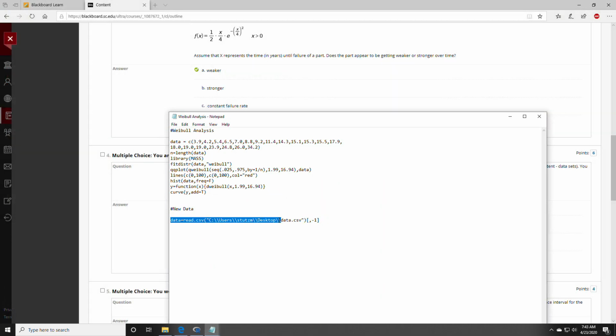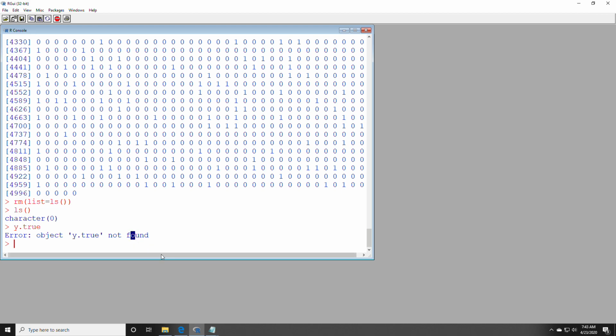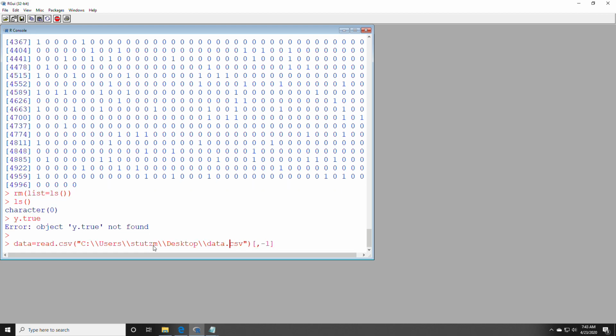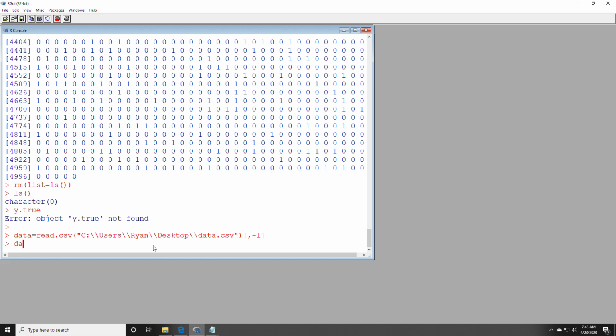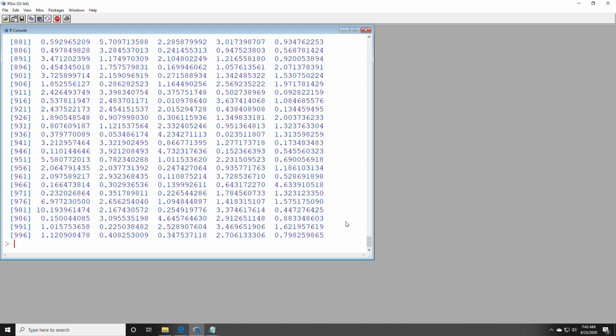So of course, the Weibull analysis code gives me my line that I can use to read the data in. And the data is in fact called data, although I could have to change that. Okay, change my username. And so this time I have 1,000 observations.